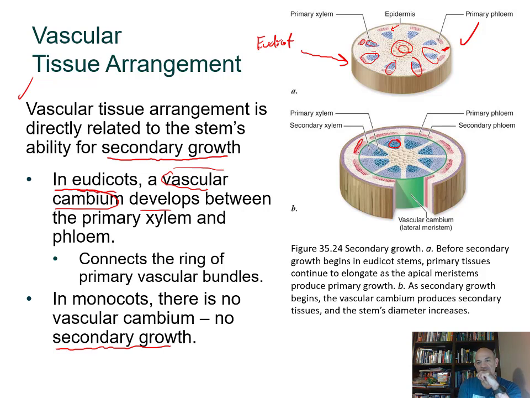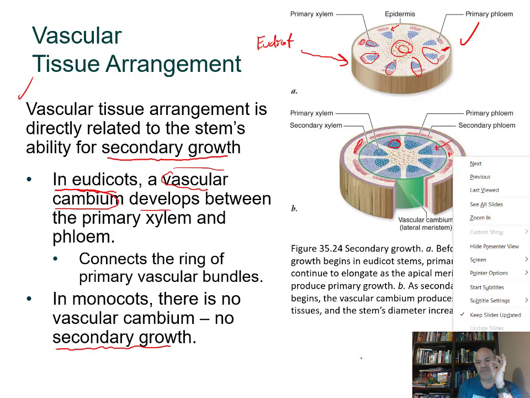So this green line here in this diagram is not green in a real plant or a real tree, a eudicot, right? But that green line, those would be the cells that divide. And those that divide and move inward are going to produce the lighter blue colored secondary xylem. Those that move outward are going to produce the lighter colored red or pinkish colored secondary phloem.